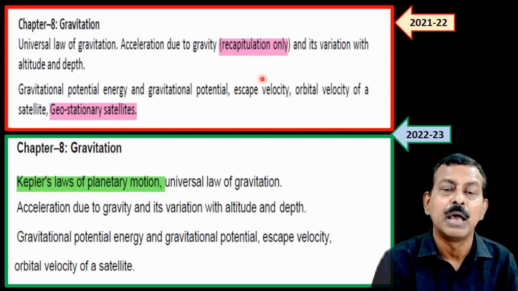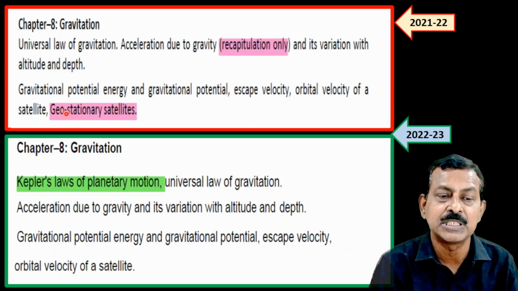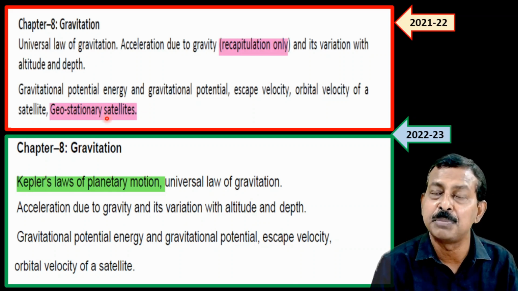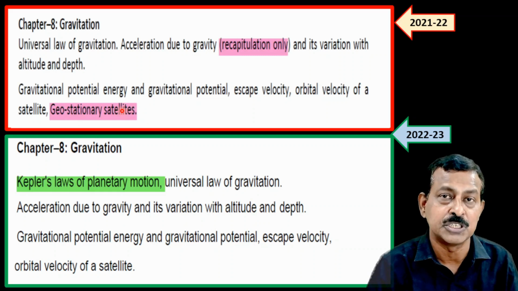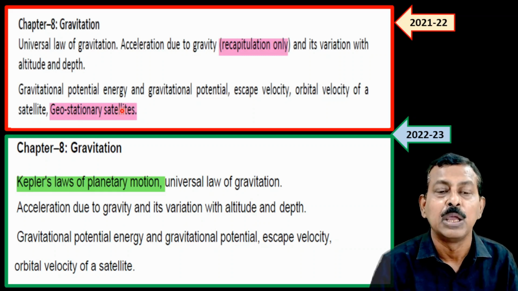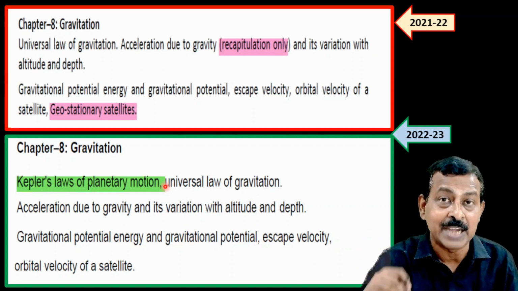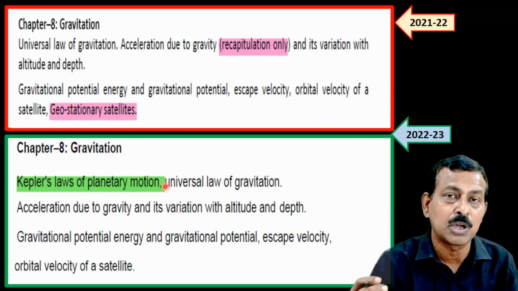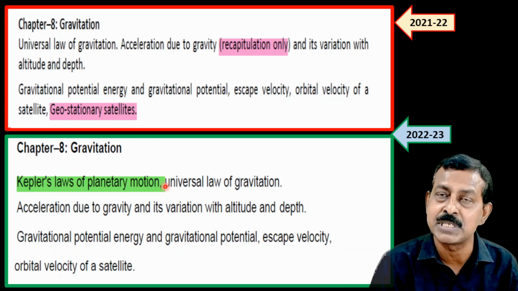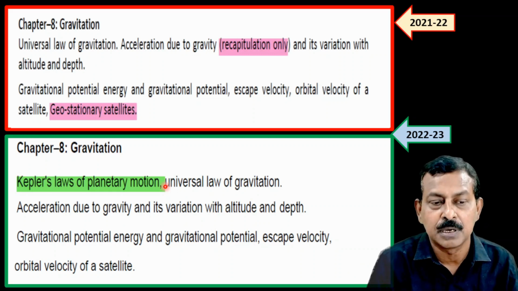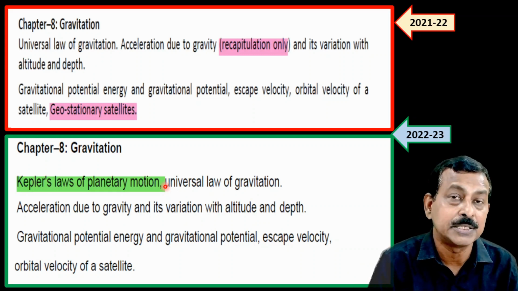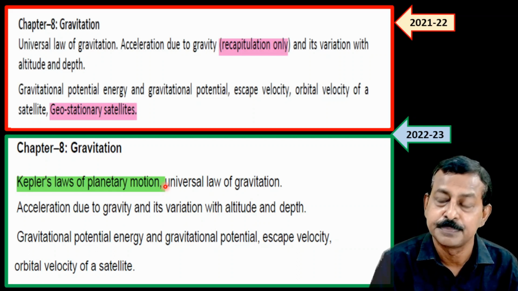Again, geostationary satellite, this particular topic is deleted now for this batch. Whereas Kepler's laws of planetary motion is added. So this is the extra topic now added in the syllabus. Kepler's laws of planetary motion is now there in the course.